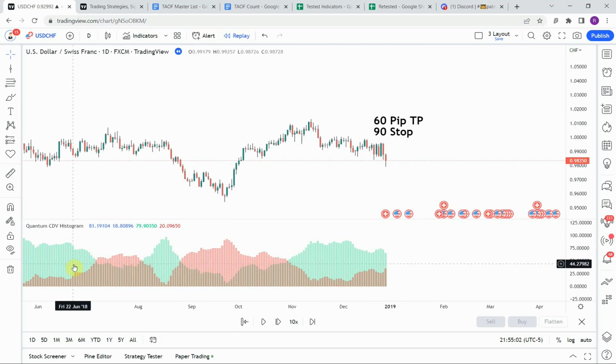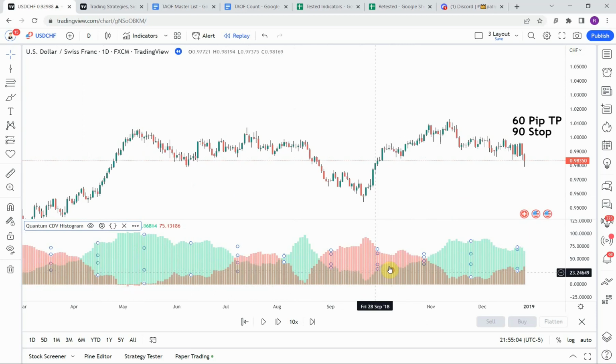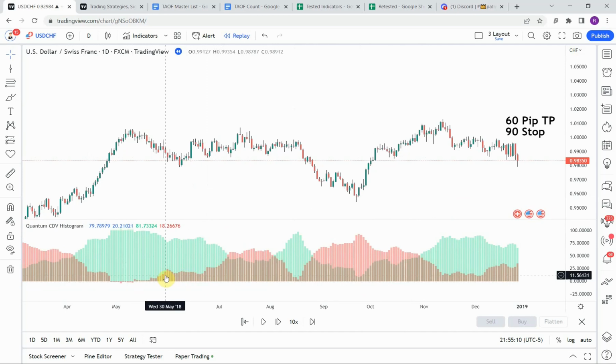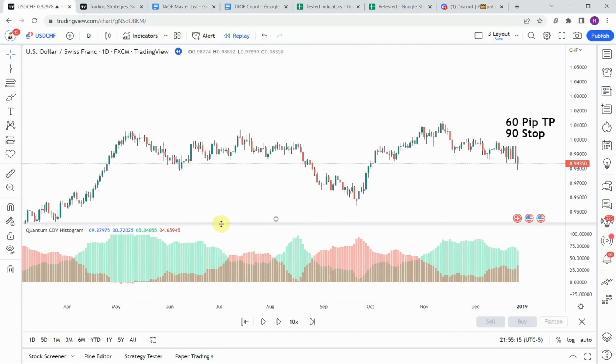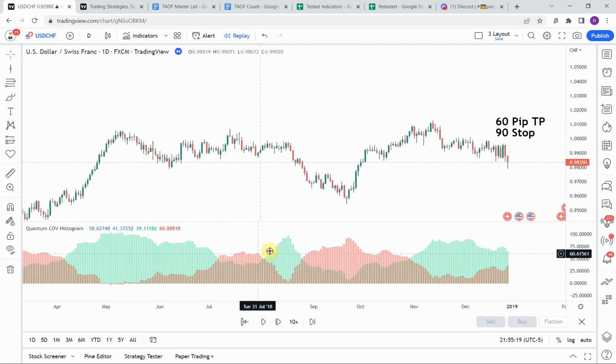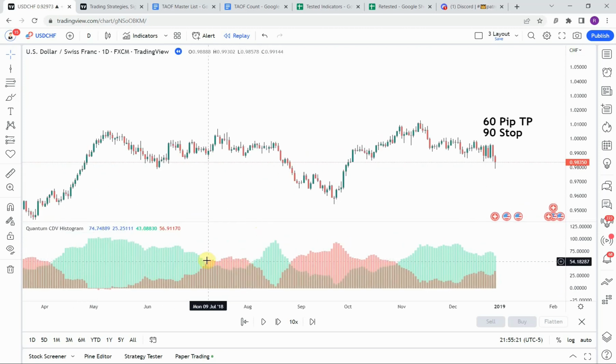So what we're looking for is this coloration of the candles kind of poking up over the brown histogram bars. When these bars, I guess I should say, I think I say candles, when these bars here poking up above the brown bars are red, we are going to go short.